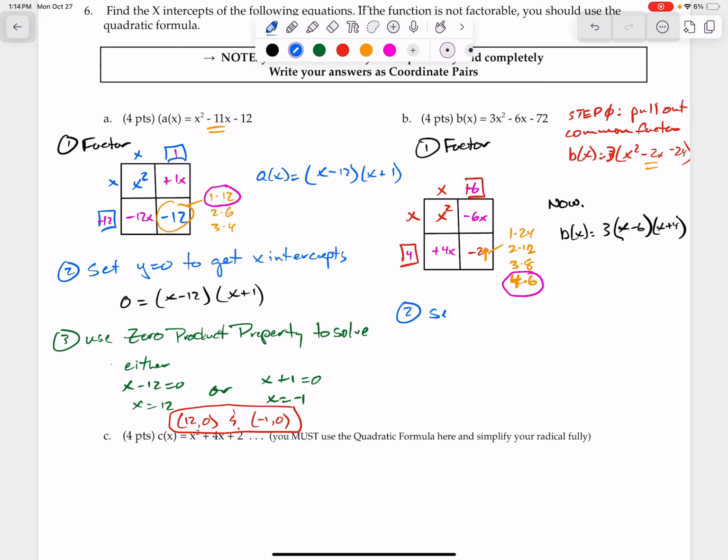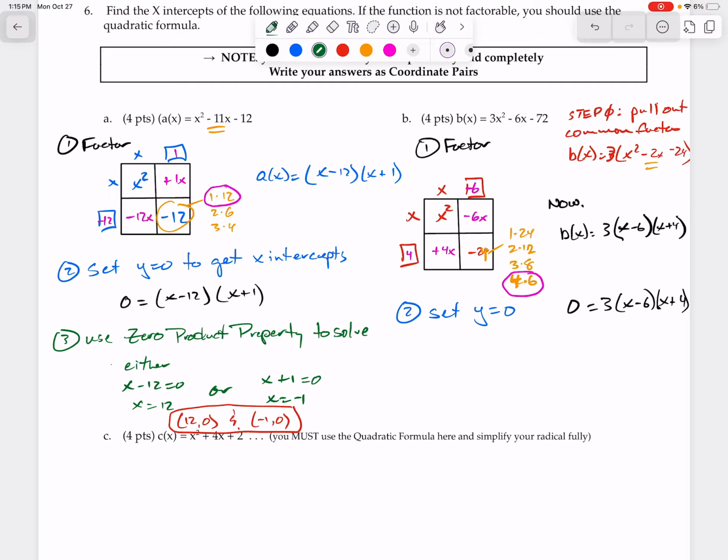Step 2, set y equal to 0. So 0 equals 3 times x minus 6, x plus 4.